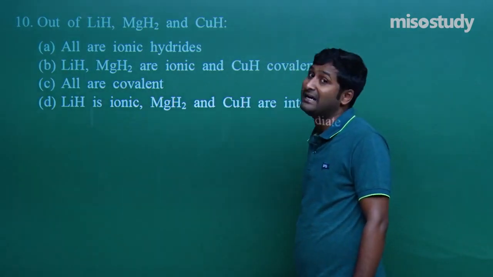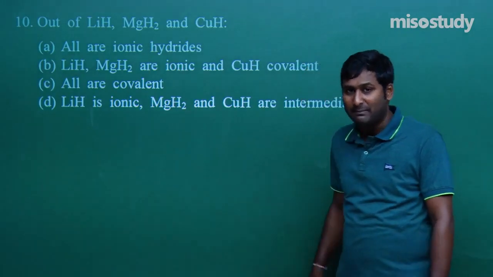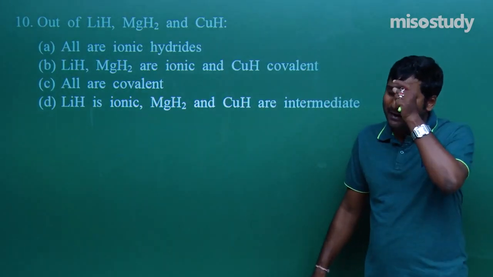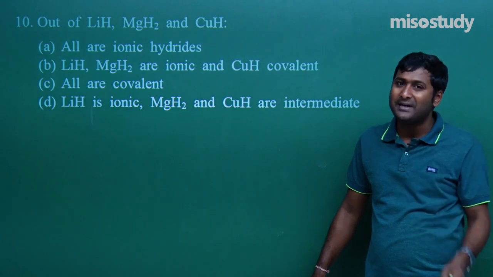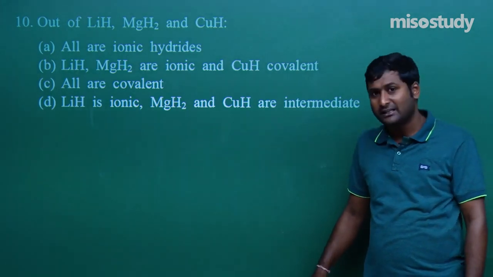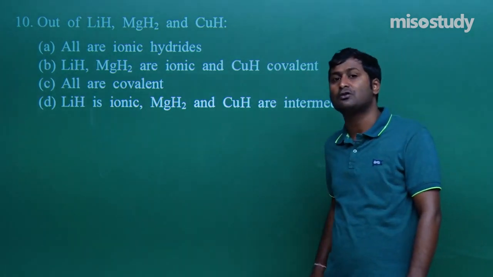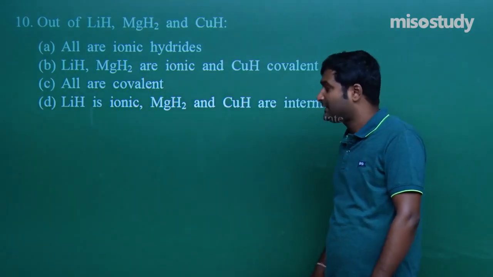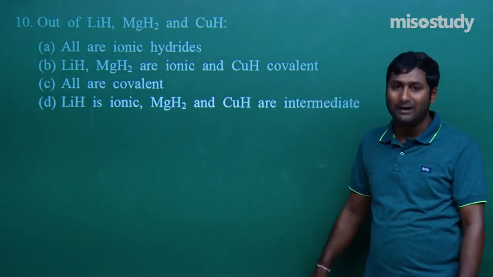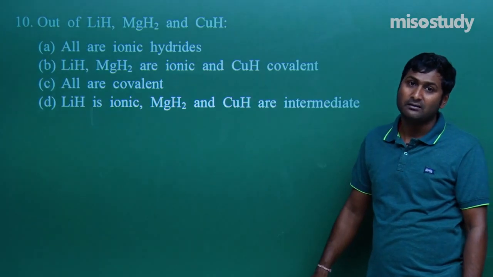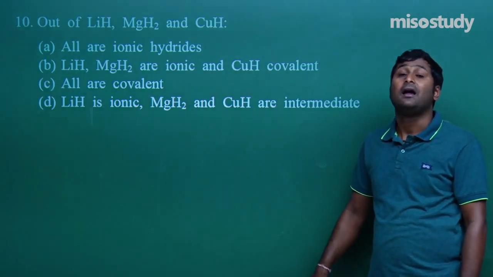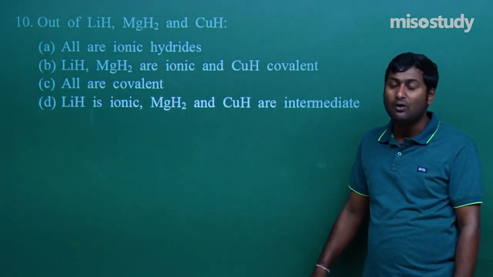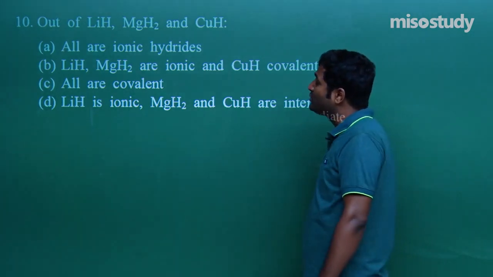Do you remember this? Beryllium and magnesium. Beryllium hydride and magnesium hydride are not completely ionic, but lithium hydride is completely ionic because it belongs to the alkali metal series. The next one is covalent hydride, and the third one is interstitial hydrides also. So in this case, choose which one is correct.